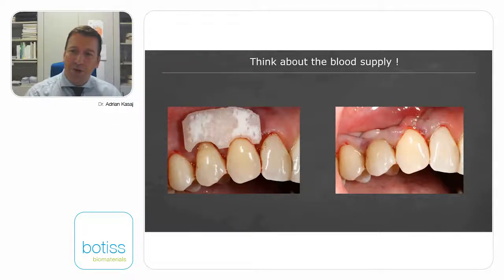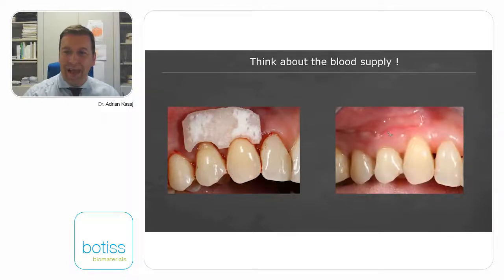But now you can see here the thin flap sutured over this large area of avascular tissue, and this is what might happen. Also some serious wound healing complications.